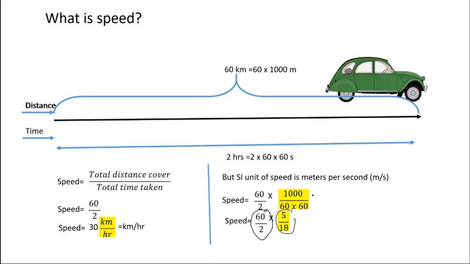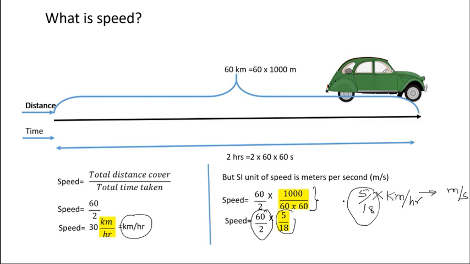Now why did I separately calculate this? Just to understand that if you want to convert a speed which is in kilometer per hour into meter per second, you have to multiply this kilometer per hour by 5 by 18.